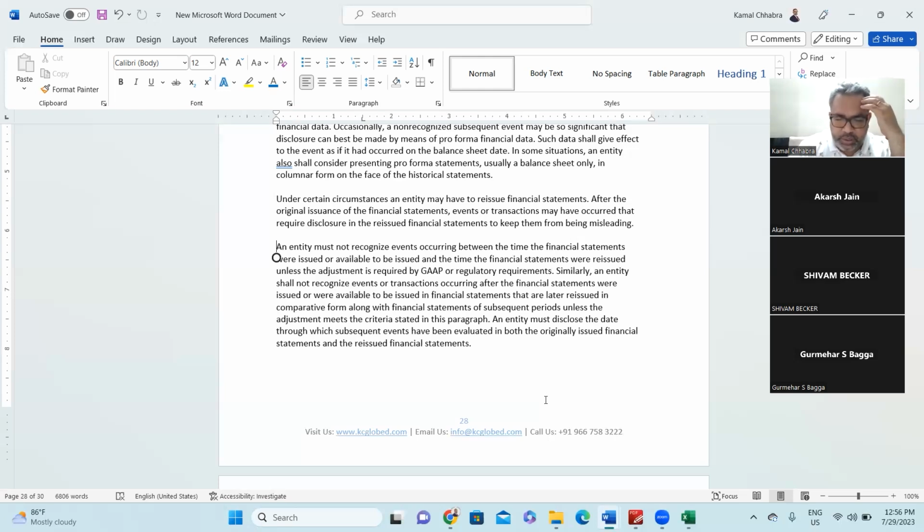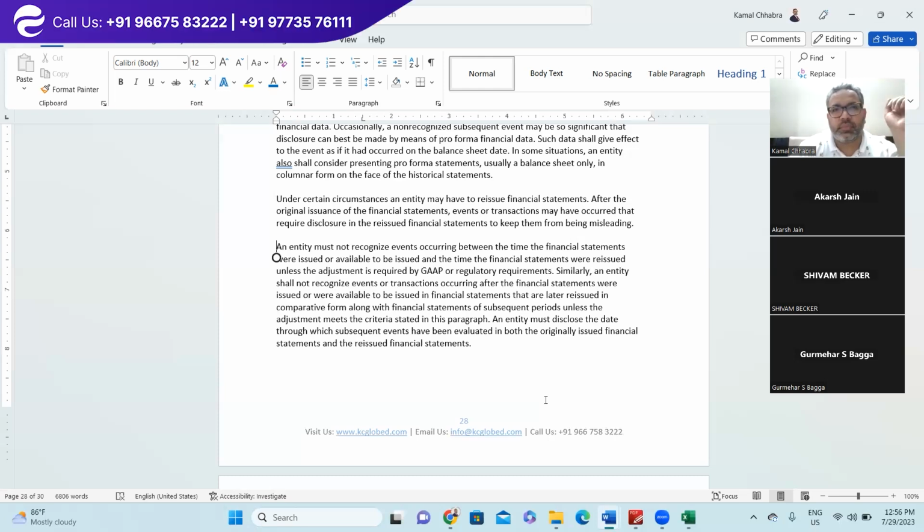If management agrees, then you will request management to share with all the stakeholders that there is an error which we are updating, and these are the updated financial statements. So in that scenario, you need to test subsequent events till June, because you are re-signing the financial statement. So you are assuming the responsibility till June.